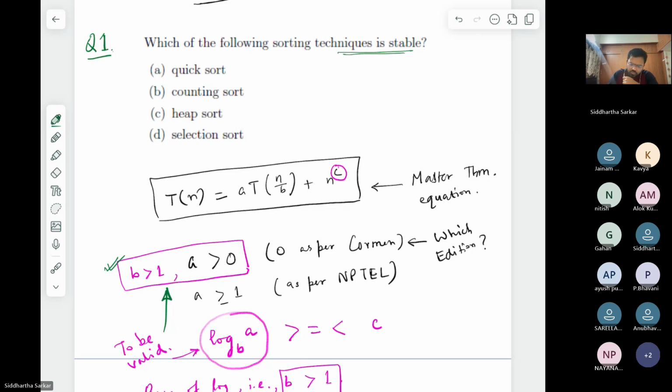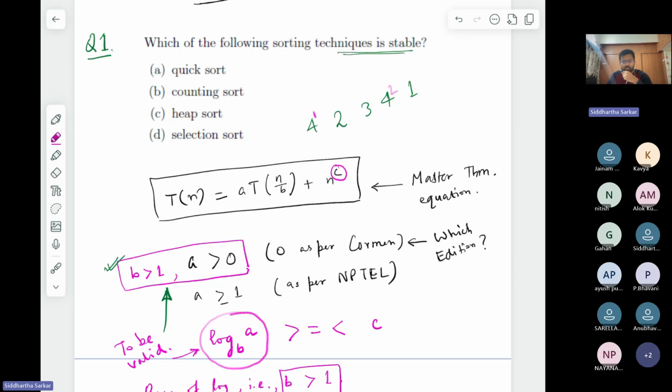Okay. So for example, suppose you have, let us say, this is a set of numbers that you want to sort. So there are two occurrences of 4. This is the first occurrence, this is the second occurrence. So for identification, let us say this is the first 4 and this is the second 4.